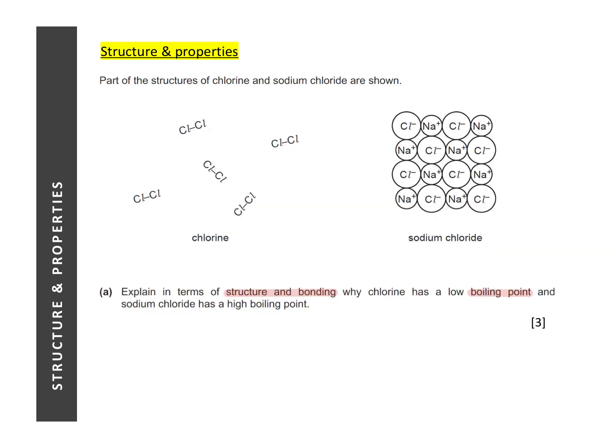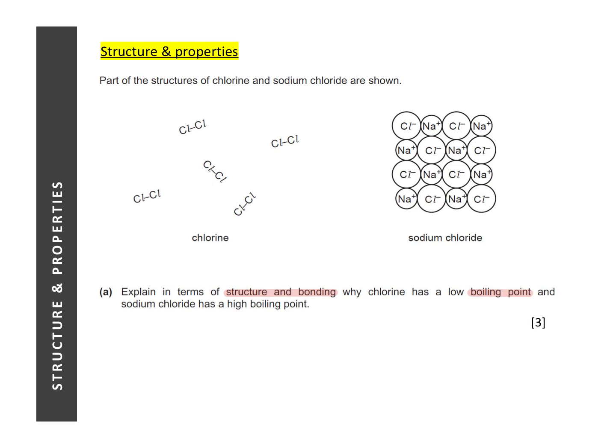Next question, we look at how structure and bonding affects the melting and boiling point of different substances. So the two substances in this question would be chlorine and sodium chloride. So the question requires us to explain why chlorine has a low boiling point and sodium chloride has a high boiling point.